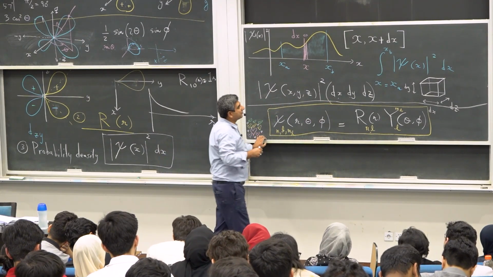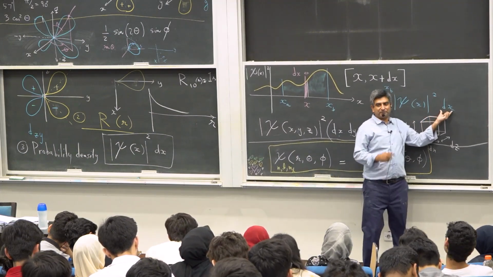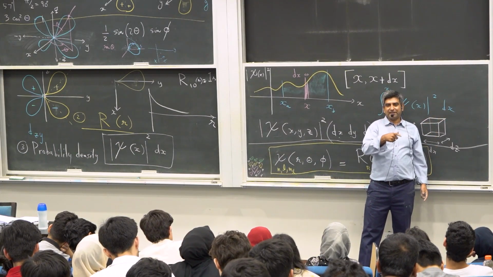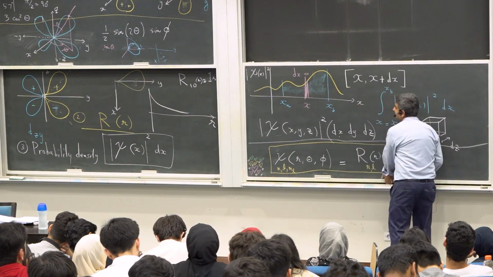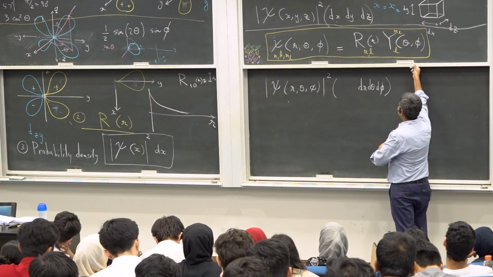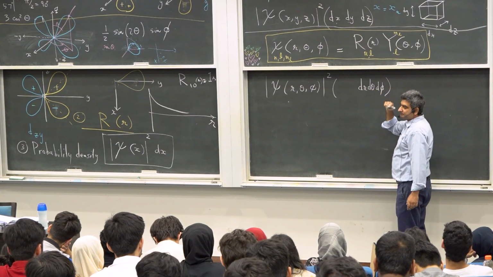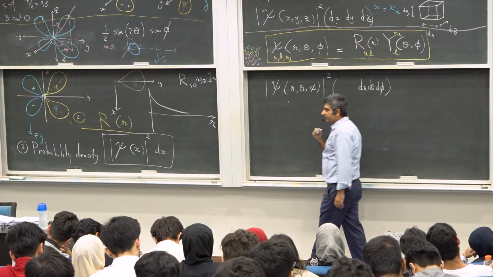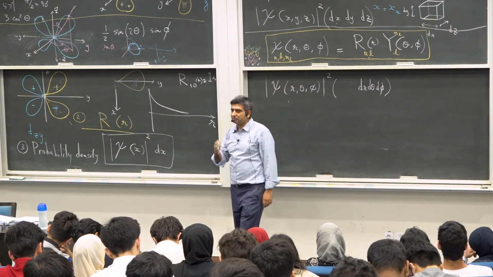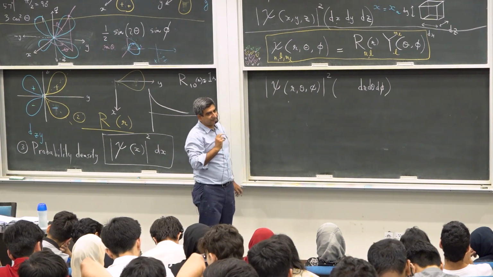In 1 dimension, you must have the corresponding volume element, which is the length element, units of meters. But here, this is really dimensionless. So we really want to come up with something which has nicer units and which makes sense.